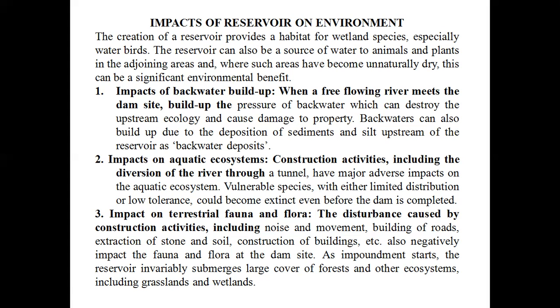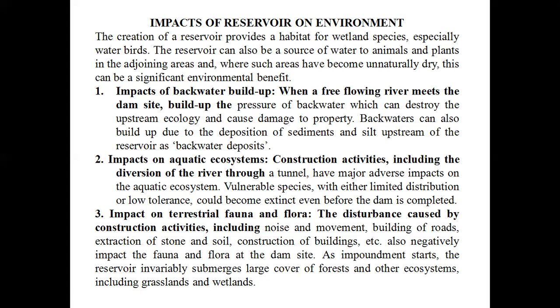Impact on the aquatic ecosystem: construction activities, including diversion of the river through a tunnel, have a major adverse impact on the aquatic ecosystem particularly. Vulnerable species with limited distribution or low tolerance could become extinct even before the dam is completed.